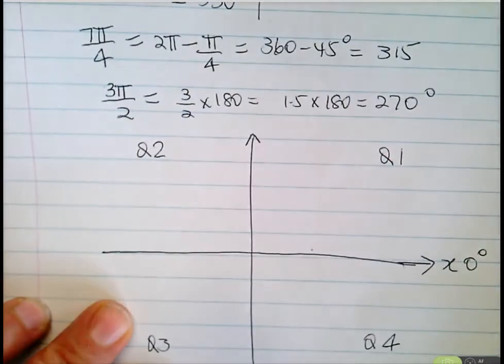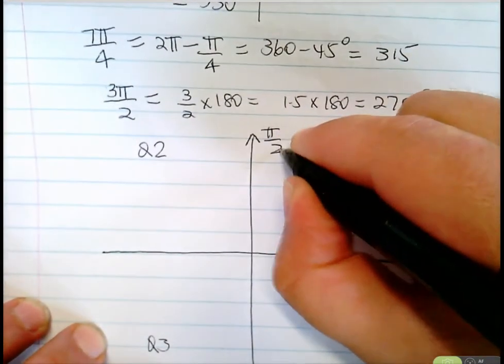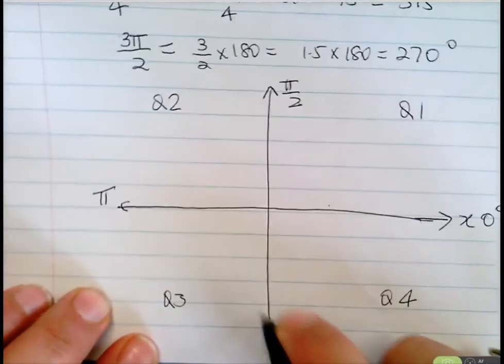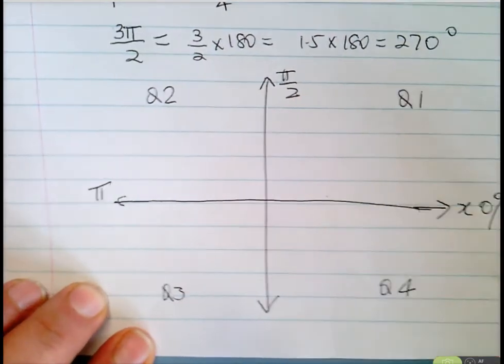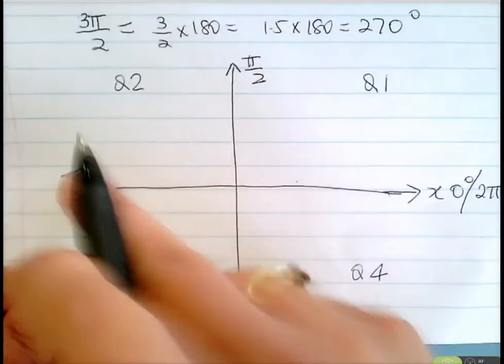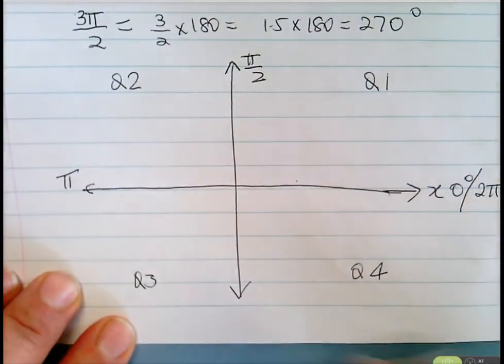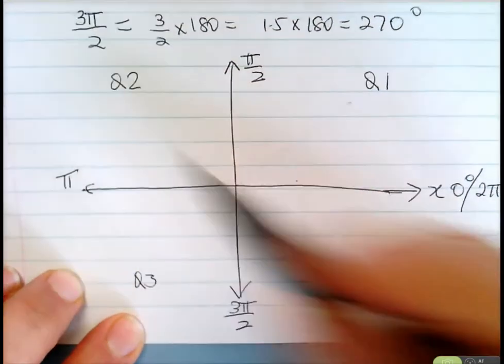Instead of writing 90, what do I write? Pi on 2. Good. Next, pi. Good. Next, 2 pi over here. So you've got a half, 1, 1 1/2, 2. 3 pi on 2. Excellent. And you know that pi on 4 would be in the middle, etc.